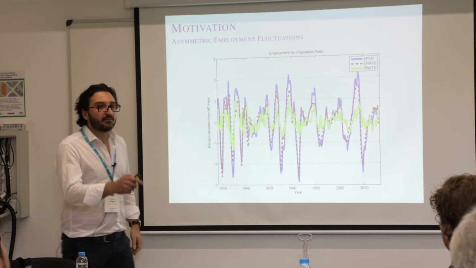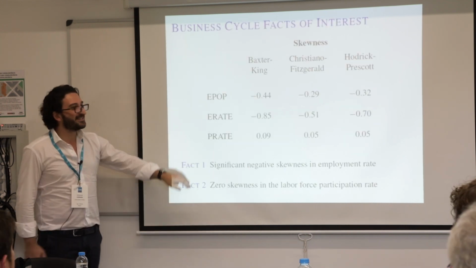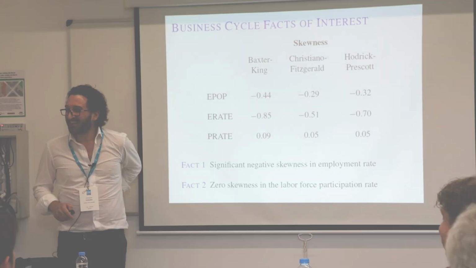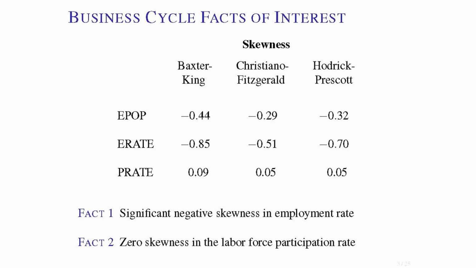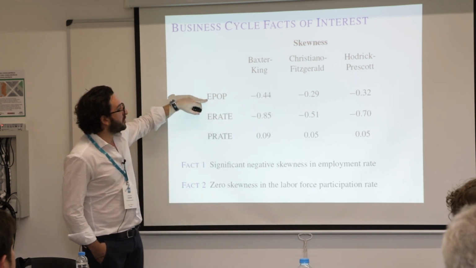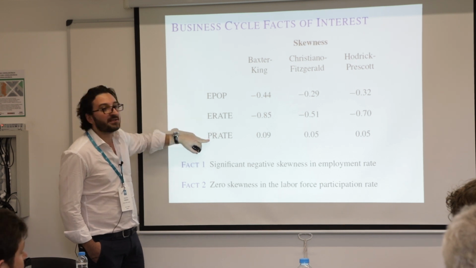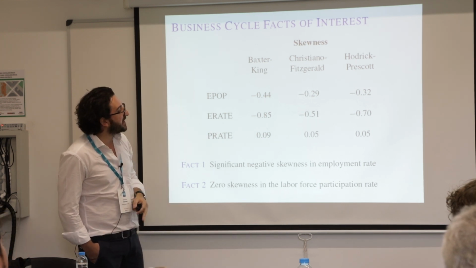You have a measure of the asymmetry that you can... Yes, the question. Okay, I knew it was coming. So just to give you a simple statistic that gives a sense of this asymmetry, in this table I have the skewness of the employment to population ratio, of 1 minus the unemployment rate, and of the participation rate, with different filtering and trending methods.